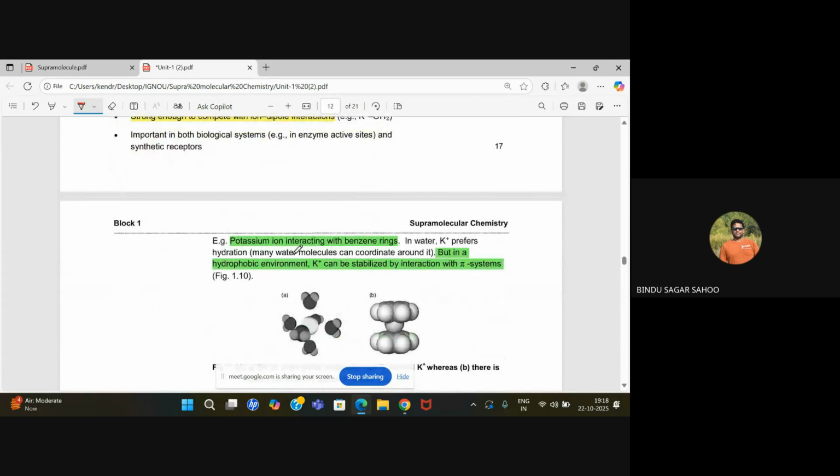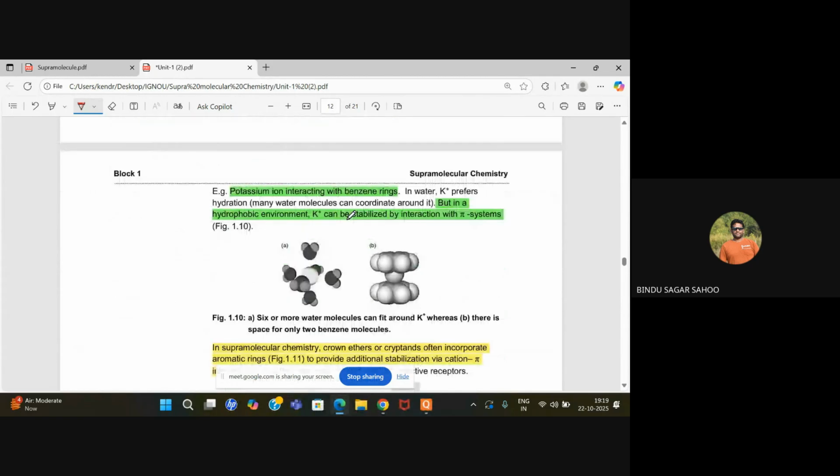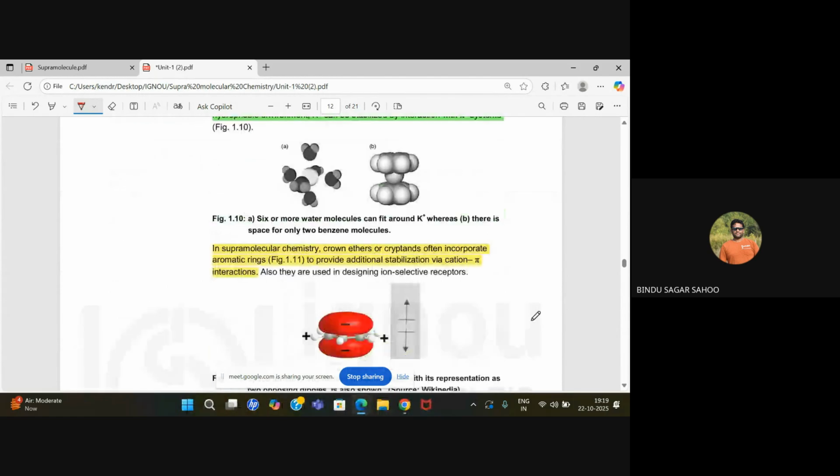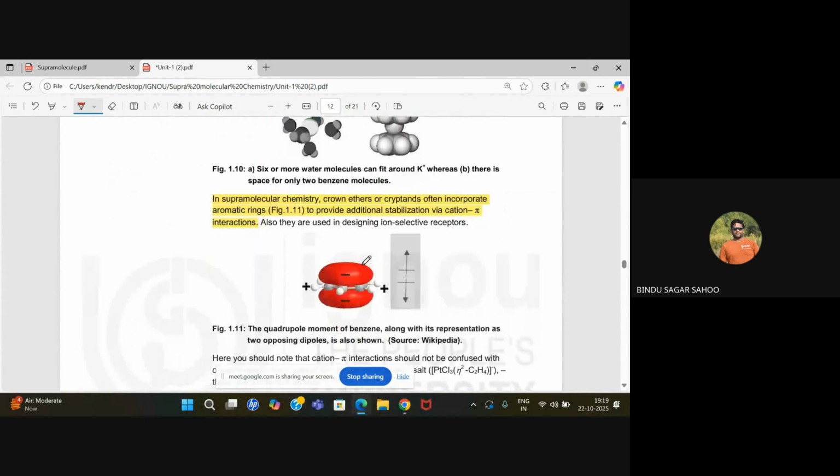Or simply you can write a potassium ion interacting with a benzene ring. This is a cation interaction with a pi system. You can see here this is a benzene ring compound. These are the pi electron clouds, and these pi electron clouds can be attracted towards a positive center also.